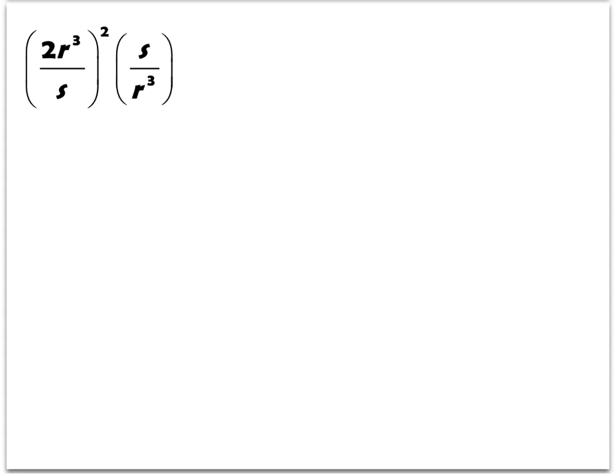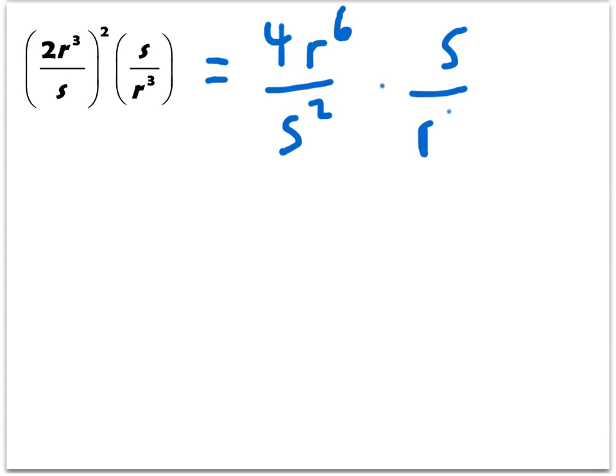Here's another example dealing with division. And so first of all, let's simplify this first expression by distributing the square to all the terms here. So we're going to have 2 squared, which is 4, and then r to the 3 times 2, which is 6, divided by s squared. And then we'll take that times s divided by r cubed. Okay? And so now we can subtract some exponents.